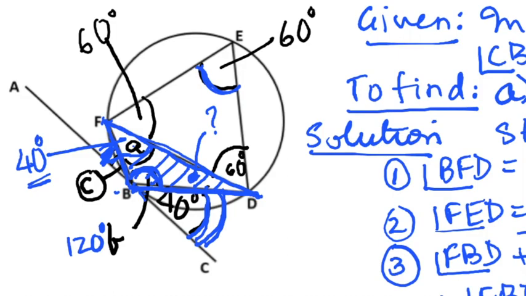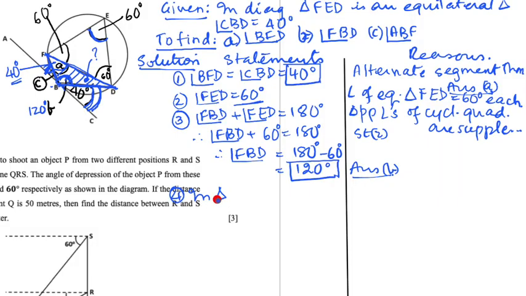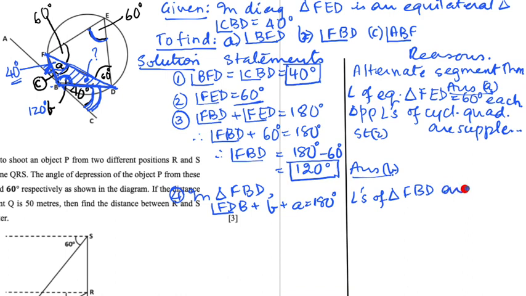So what will we say? We'll say statement number 4. In triangle FBD, we will have FDB plus this angle, which is small b, plus this angle, which is small a, equal to 180 degrees. And here we'll say angles of triangle FBD are supplementary.